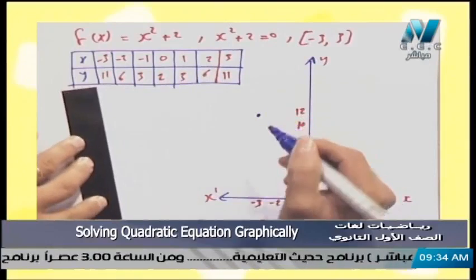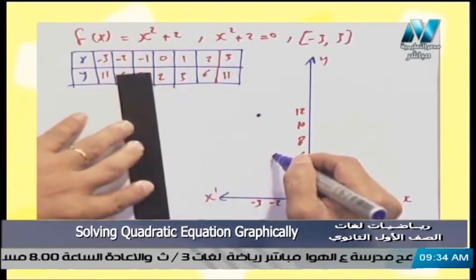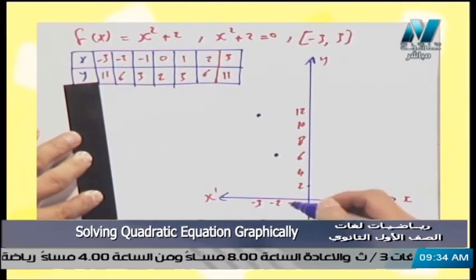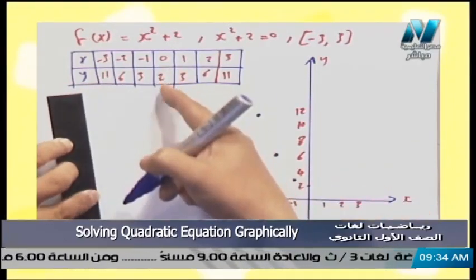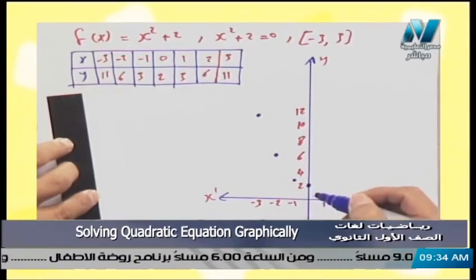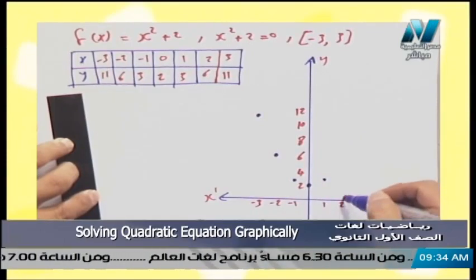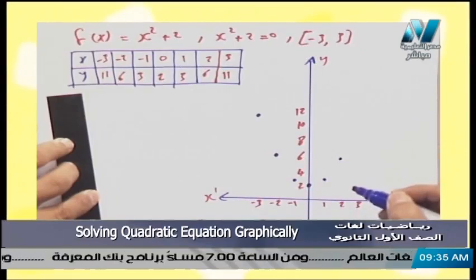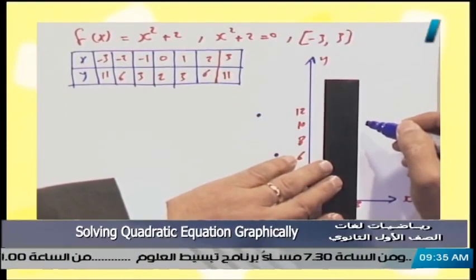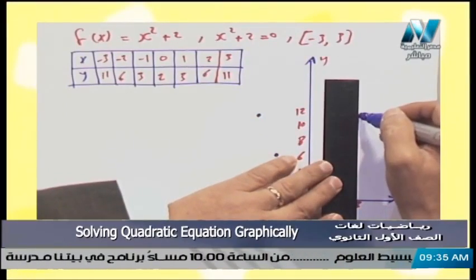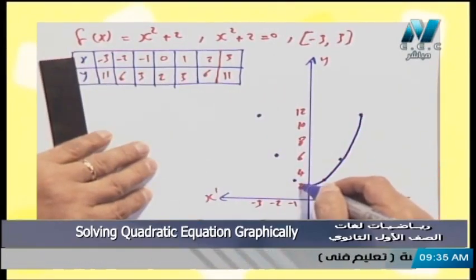This is the point. -2 and 6 will be this point. -1 and 3 will be this point. 0 and 2 here will be this point. 1 and 3, 2 and 6, like that. 3 and 11, just in the middle between 10 and 12, and we will graph using hands.